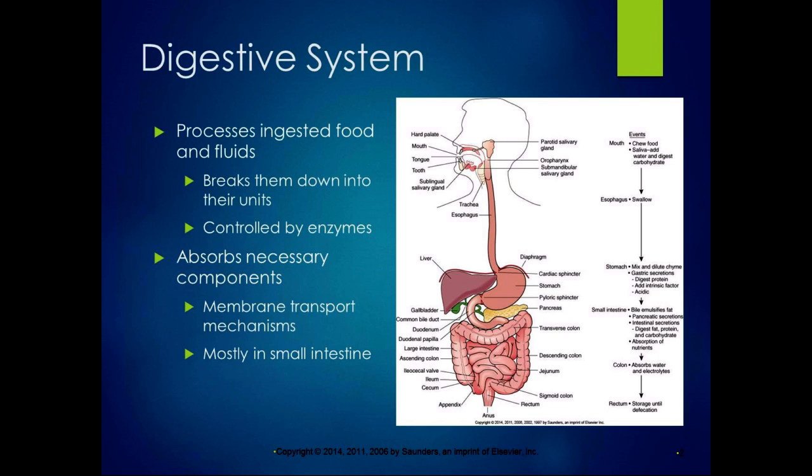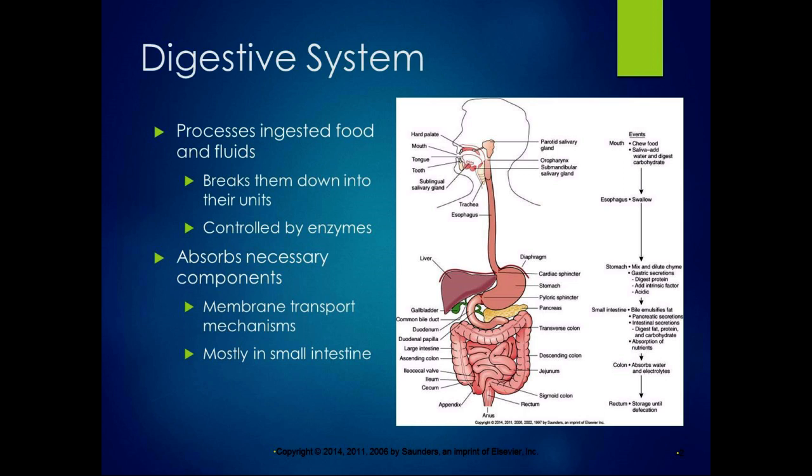So the digestive system, also known as the gastrointestinal tract or GI tract, another name for it is the gut. It's basically a long tube that goes from the mouth to the anus, and its primary function is processing ingested food and fluids, breaking them down with enzymes, absorbing the necessary components in the small intestine, and water and electrolytes in the large intestine, and that's its job.